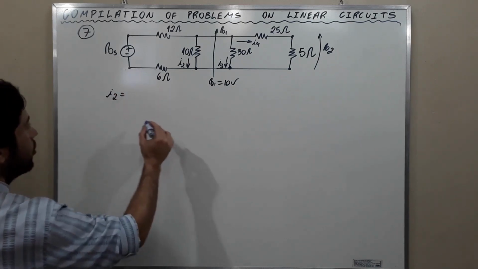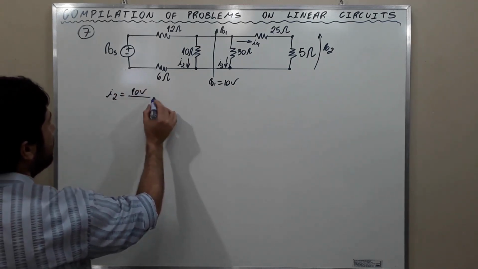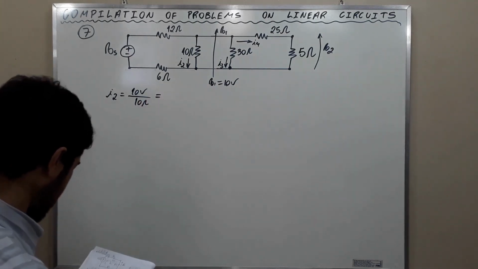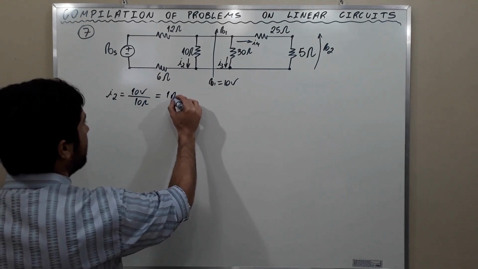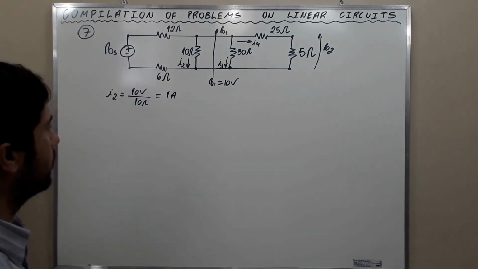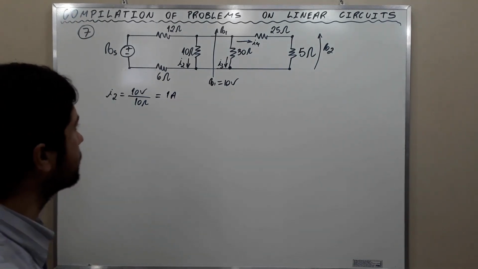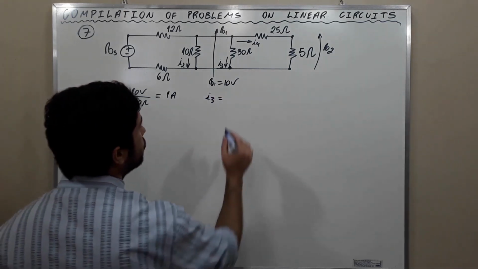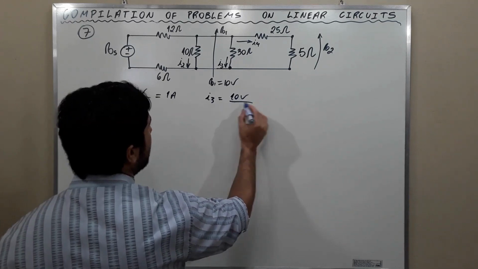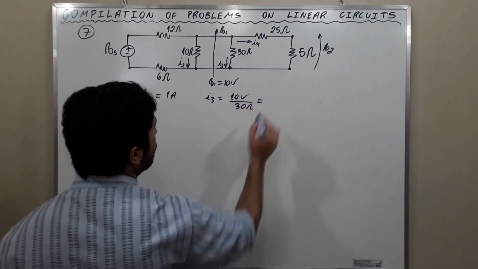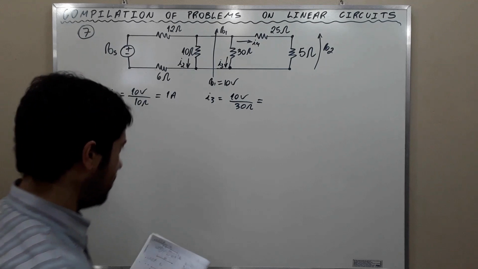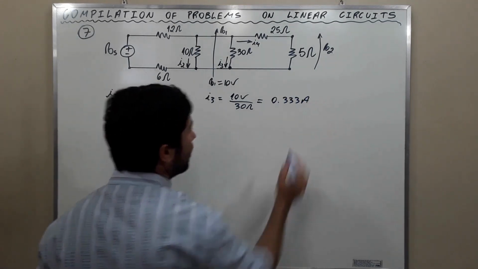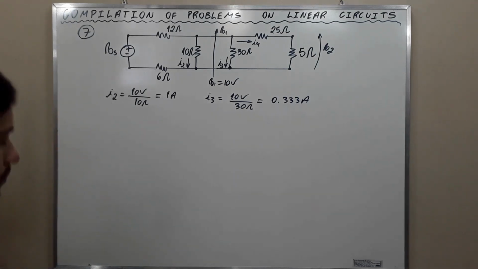I2 is equal to 10 volts divided by 10 ohms, and this gives a value of 1 amp. Likewise, I3 will be equal to 10 volts divided by 30 ohms, and I3 is 0.333 amps.